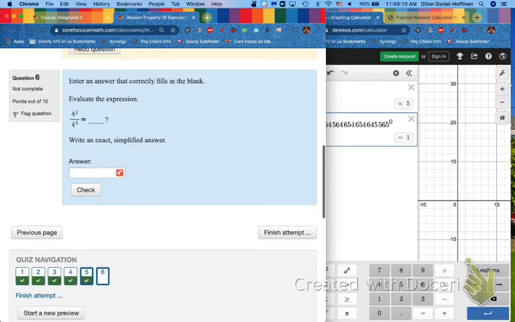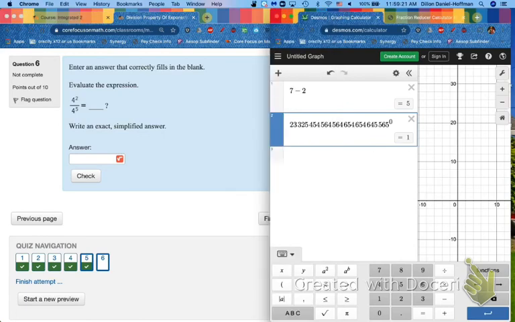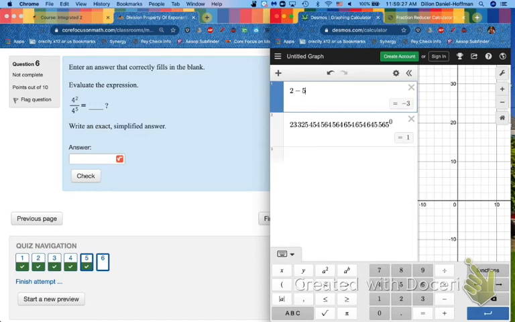Okay, the final one. Number 6, 4 to the second over 4 to the fifth. Well, let's subtract again. Top minus bottom is 2 minus 5. So to me, that's negative 3. So I've got my 4 to the negative third power, but oh no, that's going to give me, once again, a decimal. Do you remember what I did last time?